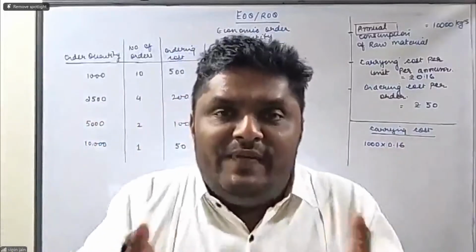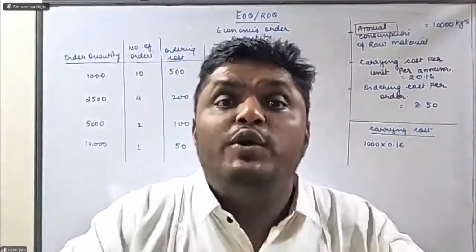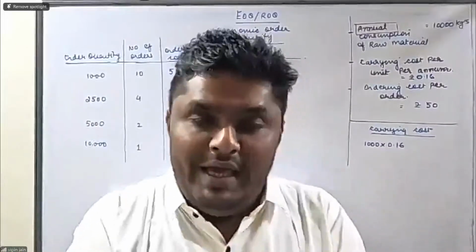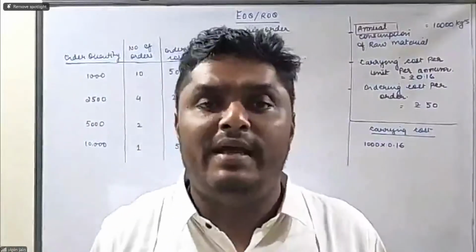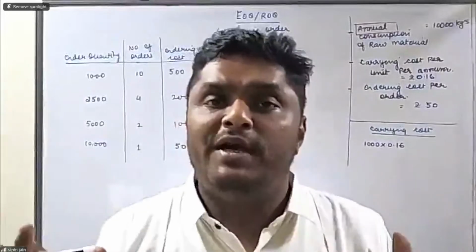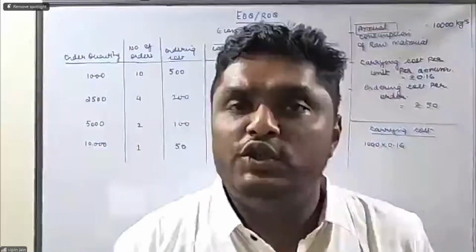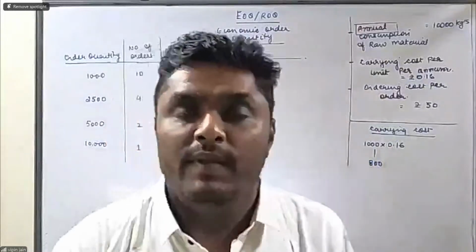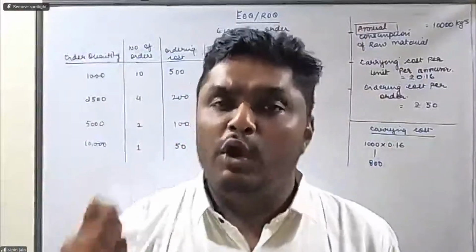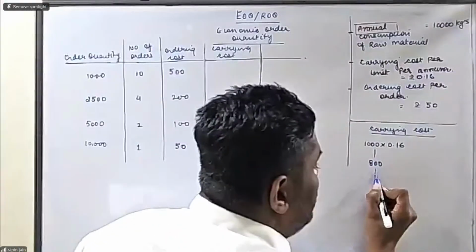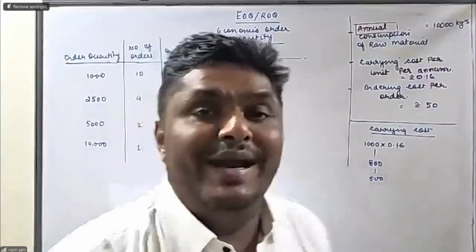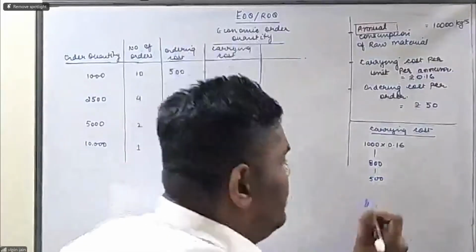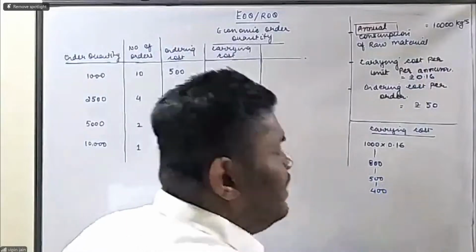But see, once we receive the units, we have to issue them to the production department. We don't have to keep 1,000 units in our factory for the whole year. Let's say 200 units are issued. So now on how many units will our carrying cost be levied? On 800. Again, let's say 300 more units are issued. So my carrying cost will be on 500 units. Let's say 100 more units are issued, so carrying cost will be levied on 400 units.